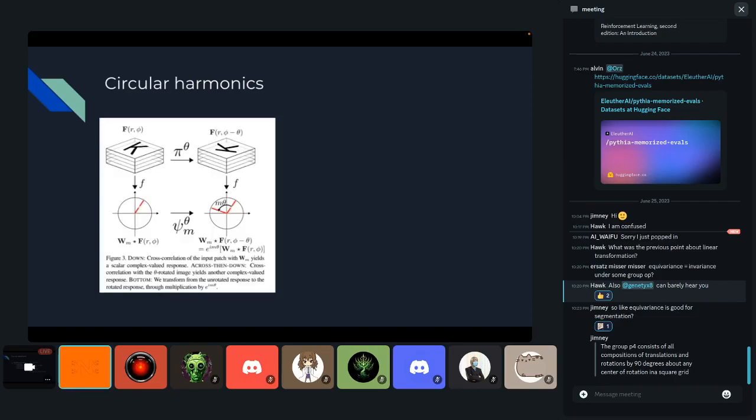And one interesting fact about circular harmonics, which is used in the paper, is that when you take one point in a translation and rotation group, and you convolve it with the rest of the image using a circular harmonic, the way they define convolution, they call it cross correlation, but it's really just convolution.